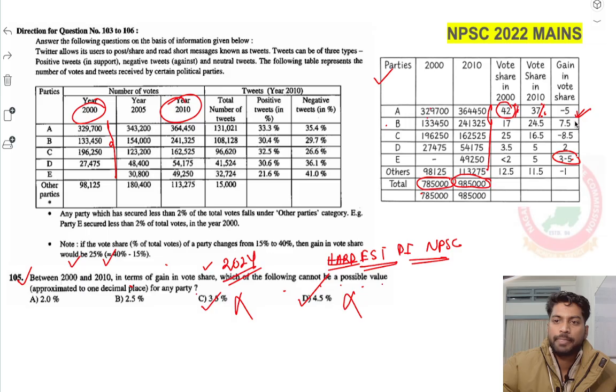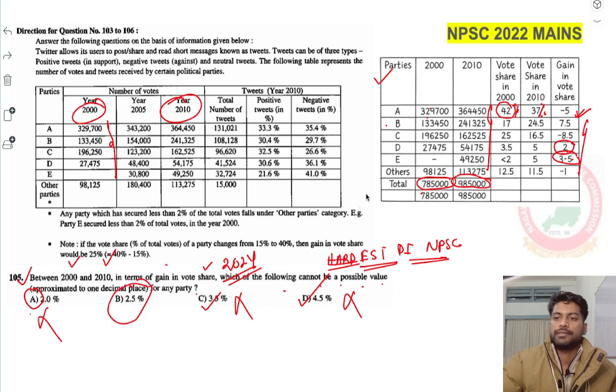2.5. The answer 2 is also coming, look from here. So this will not be it. 2.5, there is no answer called 2.5. Okay, there is no answer called 2.5. So the option will be B. Because see, gain in vote share of -5 is not in the options, it's okay.